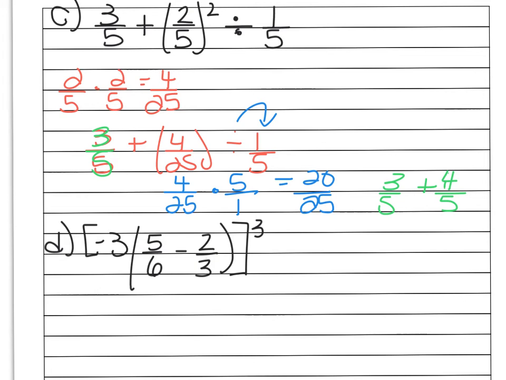So now I have a common denominator, which is nice when I go ahead and add these together. So I have 4 plus 3 is 7/5. And if you want, you can leave it as 7/5, which is an improper fraction, or you can go ahead and write that as a mixed number. 5 goes into 7 one time with a remainder of 2.